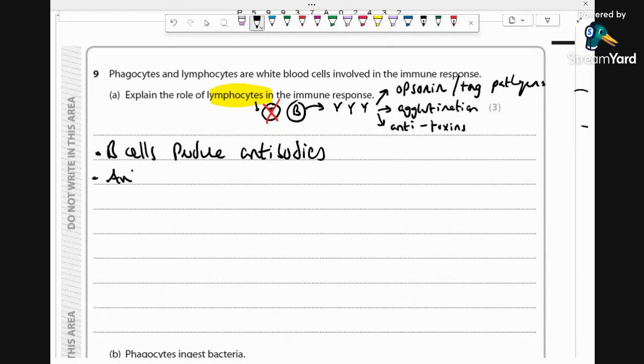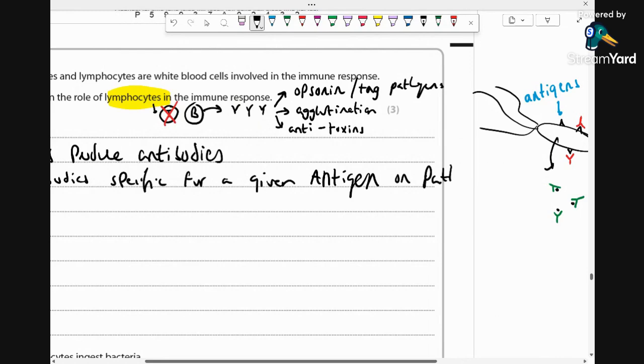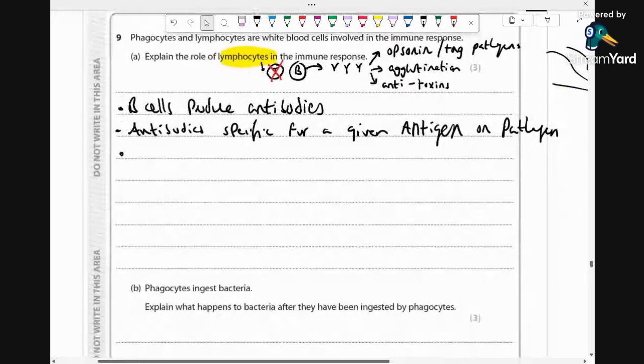So antibodies are specific for a given antigen on a pathogen.